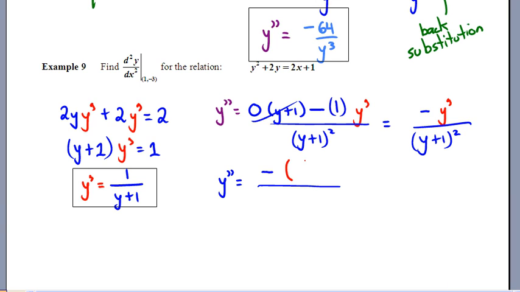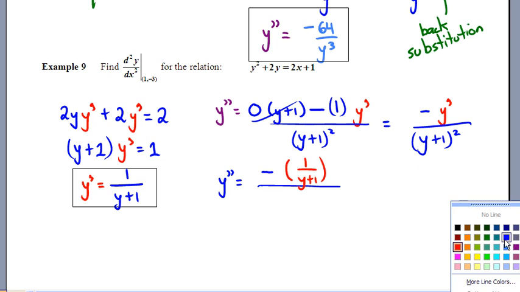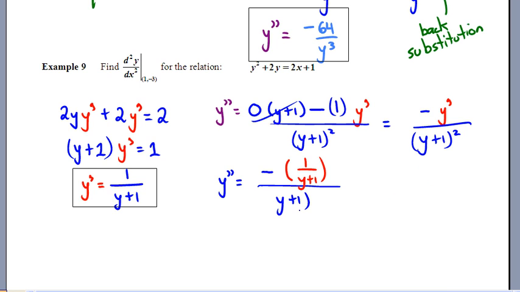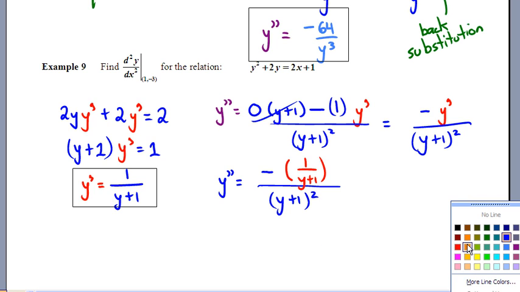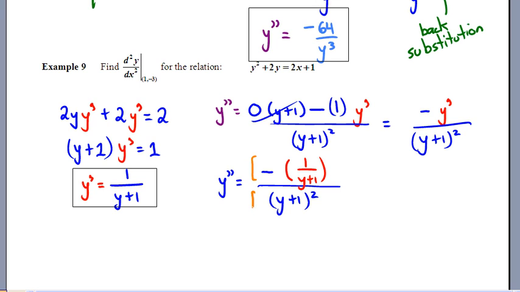Y prime is 1 over y plus 1, and that's sitting on top of y plus 1 squared. Okay, our usual little complex fraction game. Let's give this a little nudge, top and bottom, we'll be fair, with a y plus 1. This is going to look a little nicer. How about negative 1, all sitting on top of y plus 1 cubed?